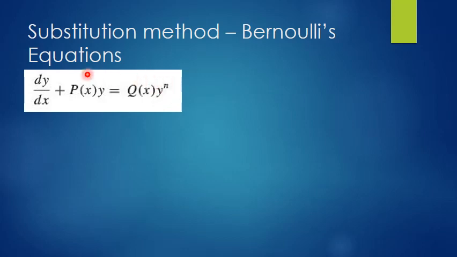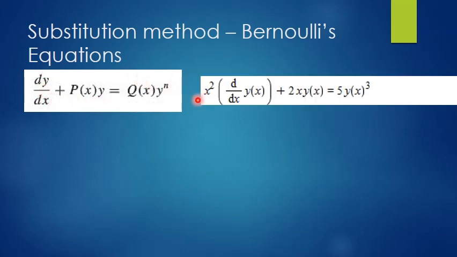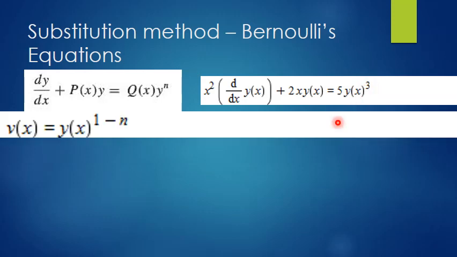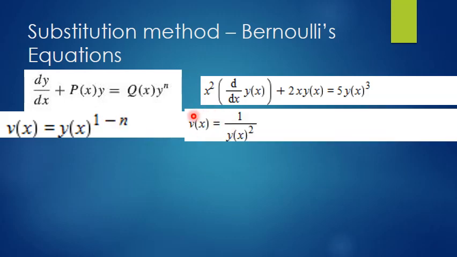So if you detect these types of differential equations, here's an example. So n here is just 3. So the substitution you have to use is this. So v has to equal y of x to the 1 minus n power. And since n is 3, we get this substitution for this problem.